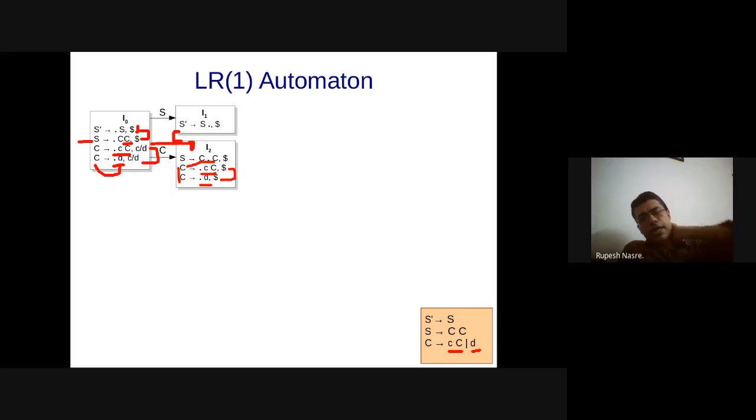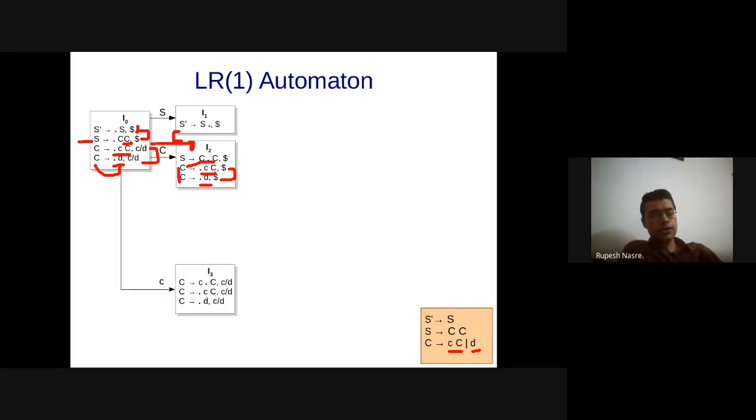Therefore, c or d is going to be the lookahead rather than the dollar, because c/d is the lookahead for the kernel item. So in Arnav's or even Sarthak's answer, when we look at the kernel item, C deriving c.C with lookahead c/d, when you are deriving from that capital C, the lookahead should follow. Therefore c/d should appear in the non-kernel items, which is the lookahead coming from here. Does that seem reasonable?